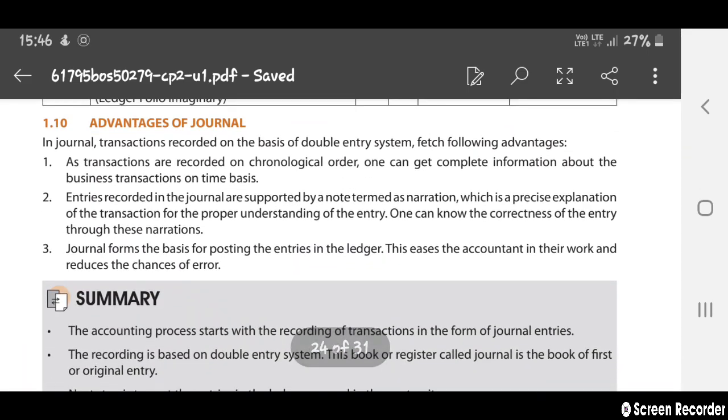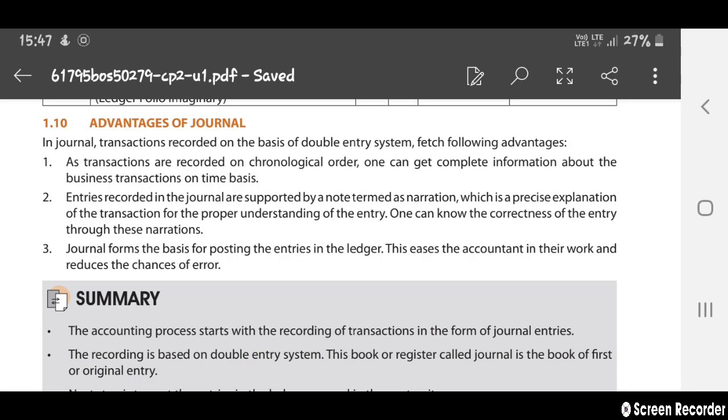After doing all these journal entries, you will have a question in your mind: what advantages will this journal bring to you? In the journal, transactions are recorded on the basis of the double entry system.